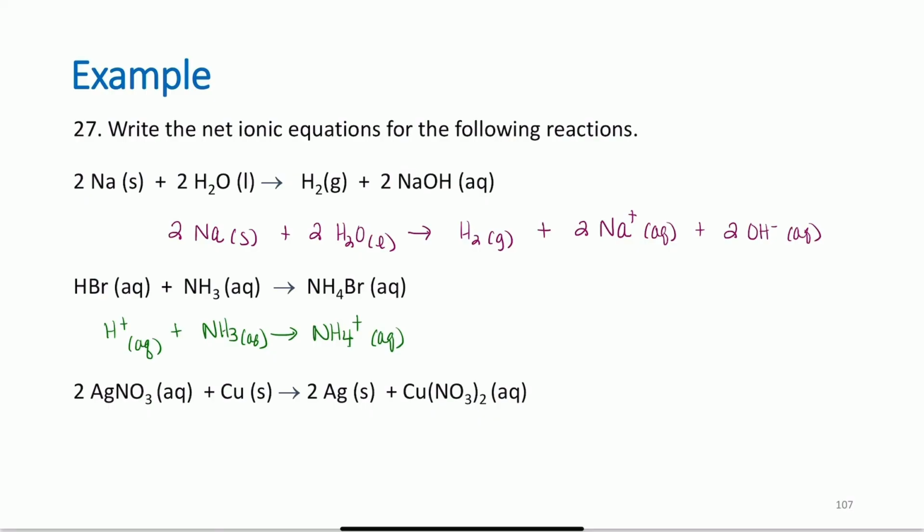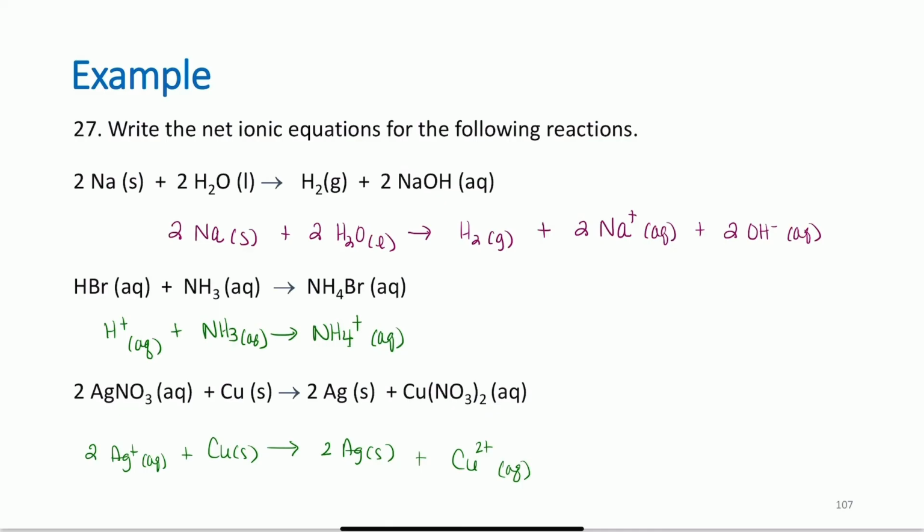What about silver nitrate? 2 moles of silver nitrate reacting with copper solid to produce 2 moles of silver solid and 1 mole of copper nitrate. Well, I've got 2 silver solid here and a copper solid here. Got 2 silver plus and a copper 2 plus.